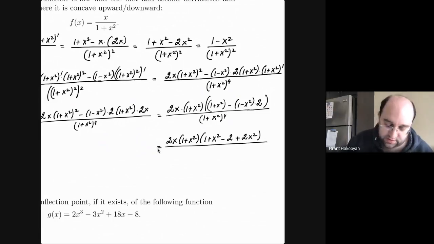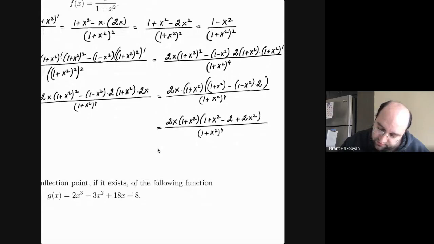So that's my expression, and I can simplify it a little bit here. The denominator stays the same. If I simplify this last part, what is that? This thing here is 1 minus 2, so it's going to be negative 1 plus 3x squared.